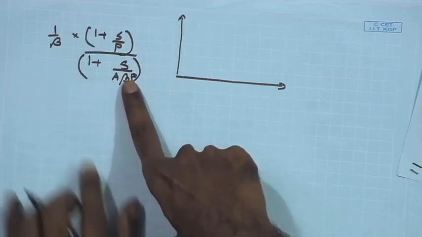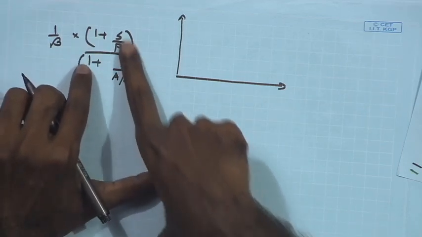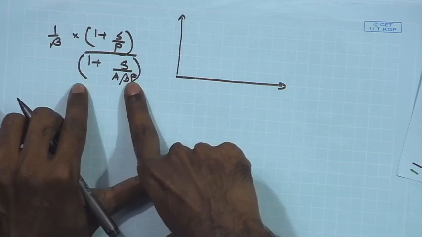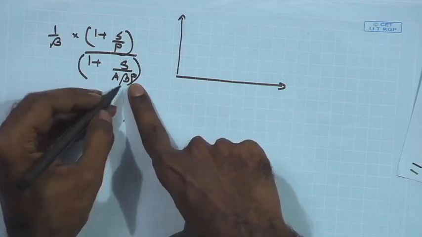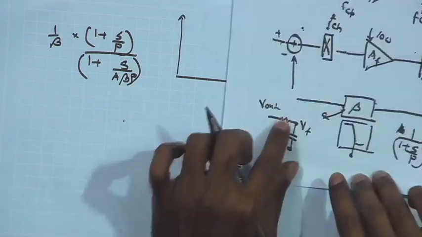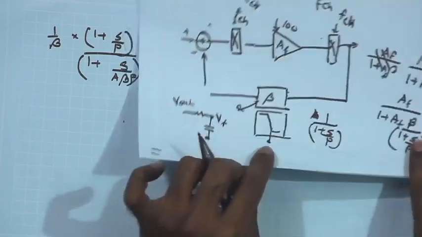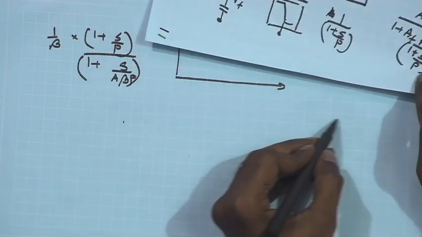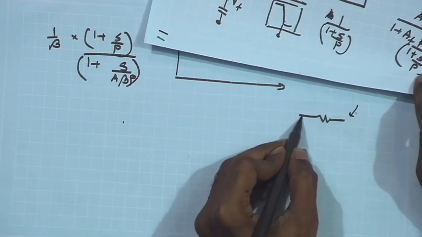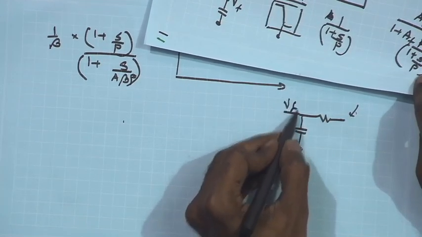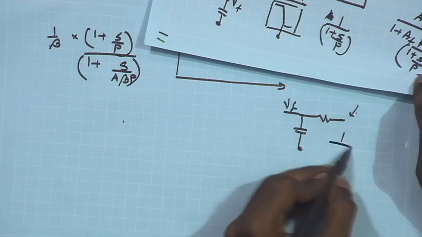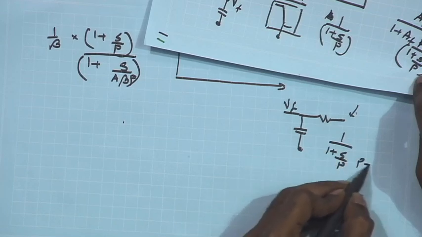Now, if I look at the two poles P and AF beta times P, AF beta is much larger. I assume beta is 1, because if I am assuming an RC filter for the beta, the transfer function is 1 upon 1 plus s upon p, where p is equal to 1 upon RC.